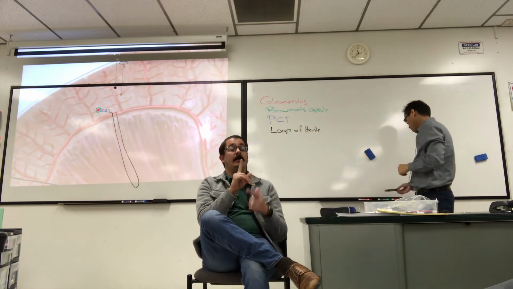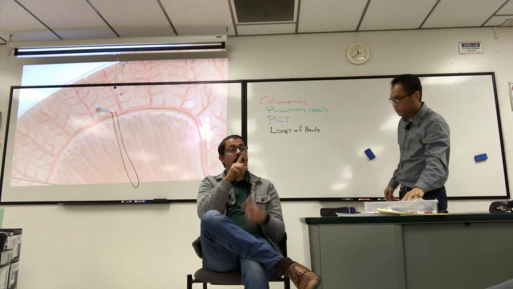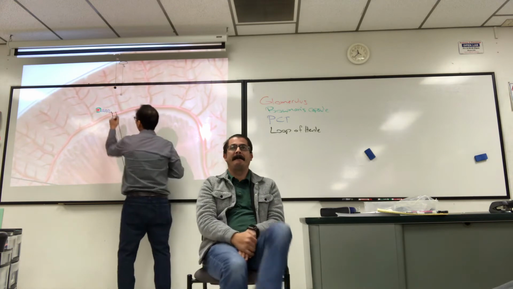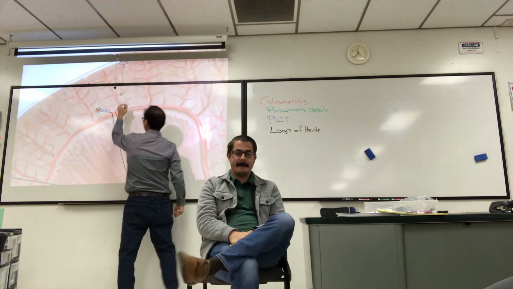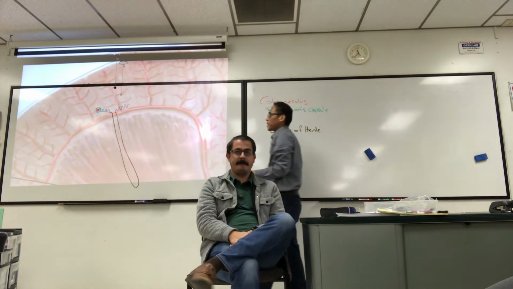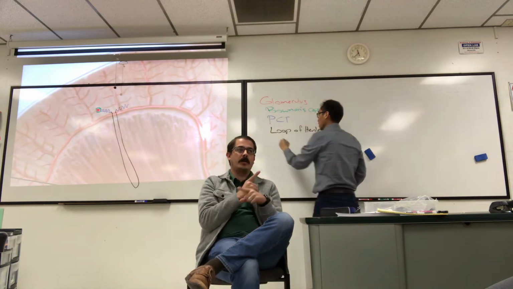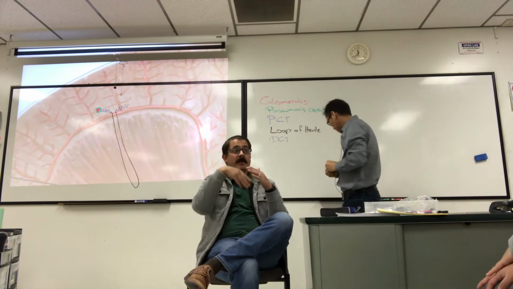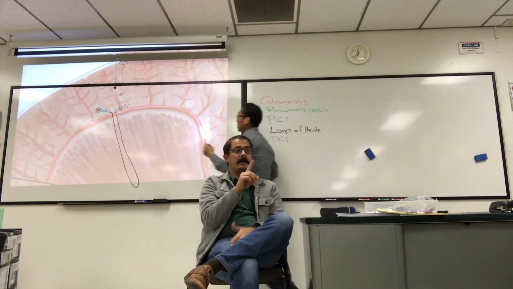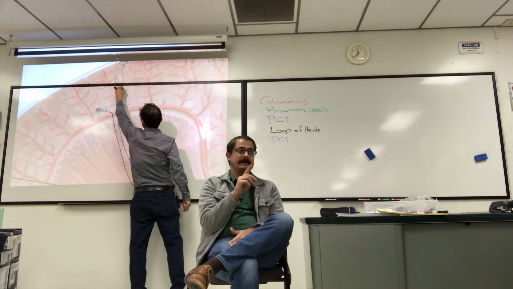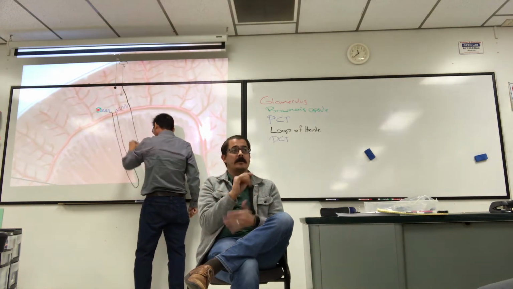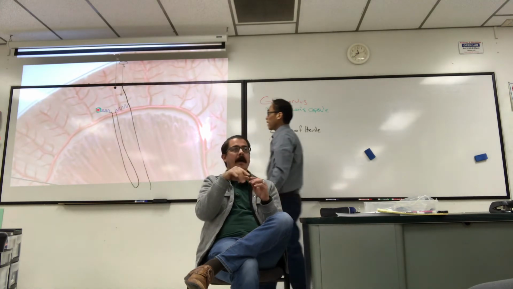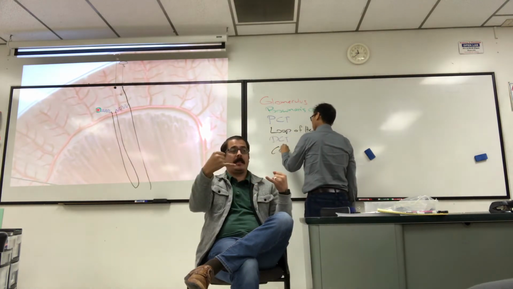Then the DCT comes after that. Just kind of draw it in there. This is not 100% accurate, but you get the idea. DCT. And the DCT dumps into another collecting duct. I'll use black again. The collecting duct extends up into the cortex. It goes all the way down the medulla to the tip, to the medullary pyramid. So that second black line I drew was collecting duct.